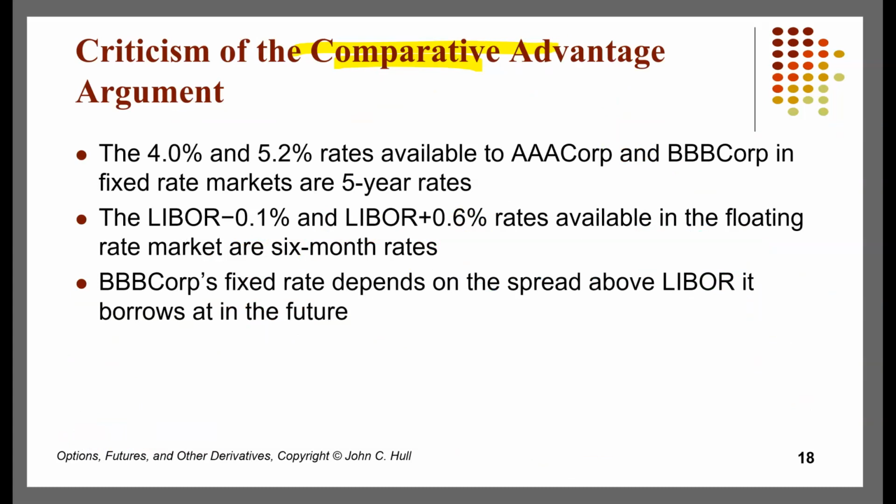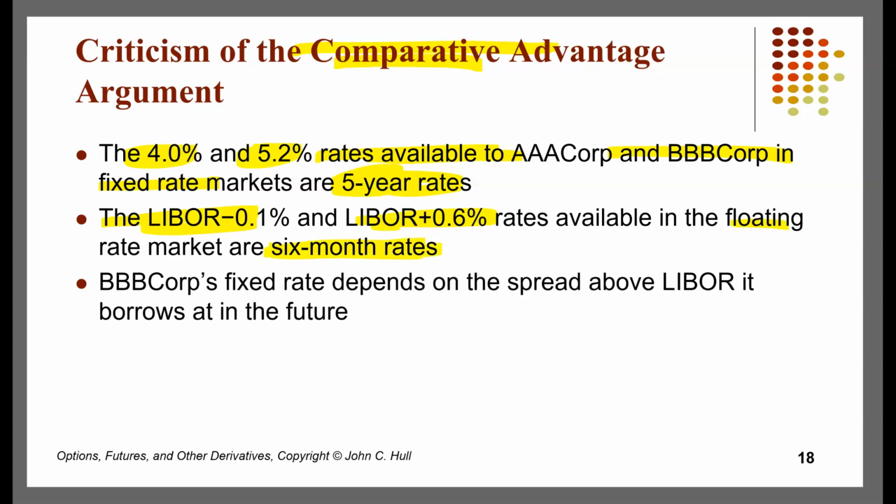Now, here what we have, for that criticism, is the idea that the 4% and 5.2% are the long-term rates that are locked in by both organizations in the fixed rate market. In this example, we had, say, 5 years, and the LIBOR rate, which is the floating rate, is typically for short-term rates, right?